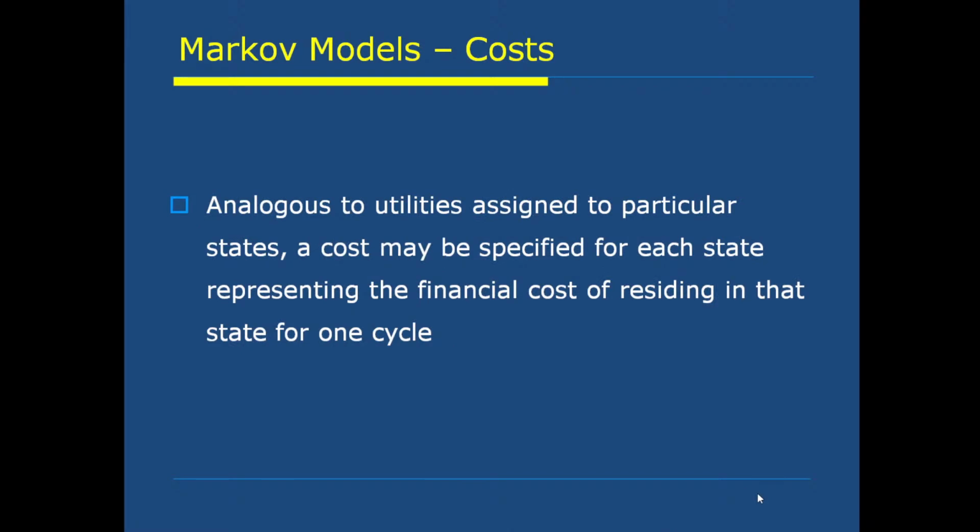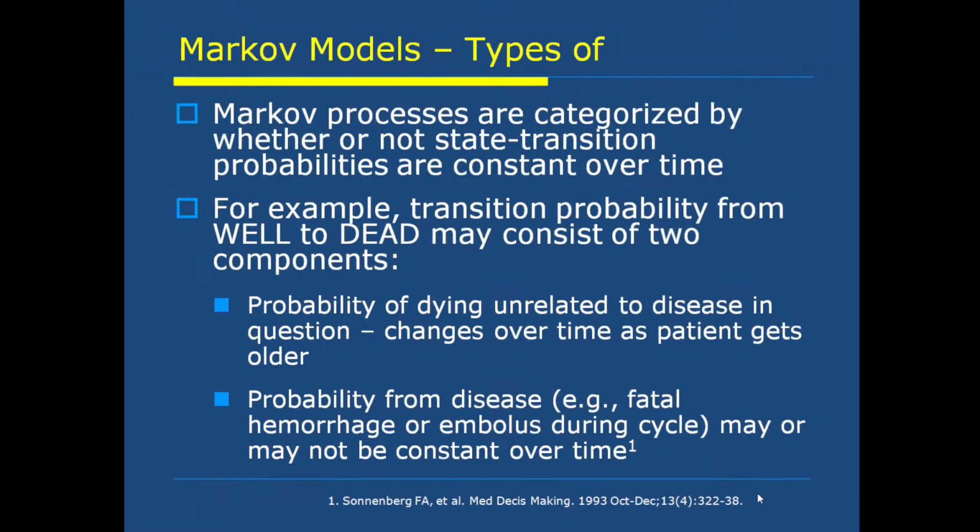Analogous to utilities assigned to particular states, a cost may be specified for each state, representing the financial cost of residing in that state for one cycle. Markov processes are categorized by whether or not state transition probabilities are constant over time.